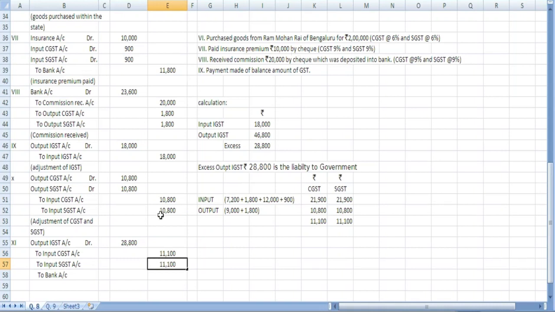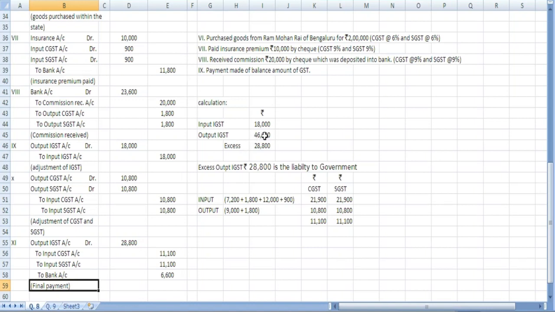And then when we deduct this from these two, we will get the balance amount as 6,600. We'll write here final payment.